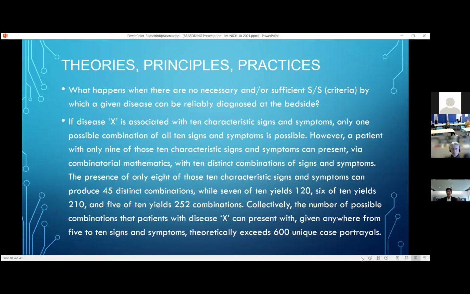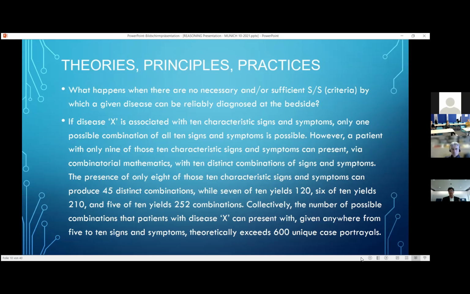So again, the student wants to know, well, what do I need to know so that I can diagnose this particular disease? And as a clinician, as an educator, the truth is, at the bedside, I'm not talking about the diagnostic technologies, but rather at the bedside, I am not able to give them criteria that they could rely on to be correct anytime a patient with this particular disease presents.